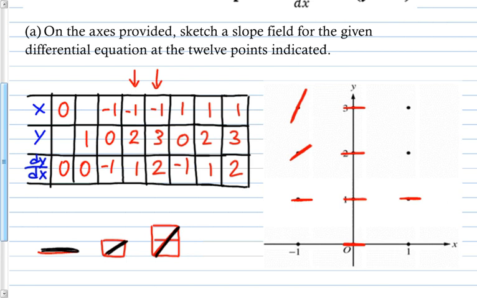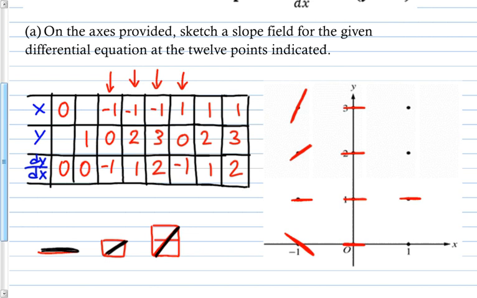Okay, 1, 0. Oh, I just realized I skipped. Sorry. Negative 1, 0. So negative 1, 0, my slope is negative 1. So this is going to look like negative 1 to me. Okay, so where was I? 1, 0.